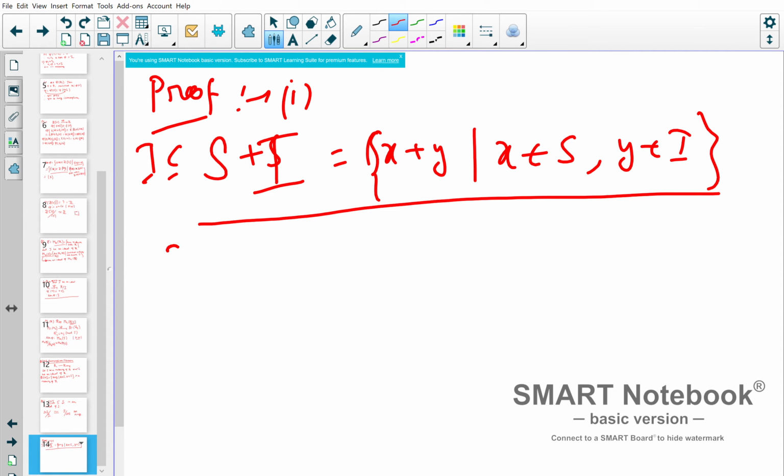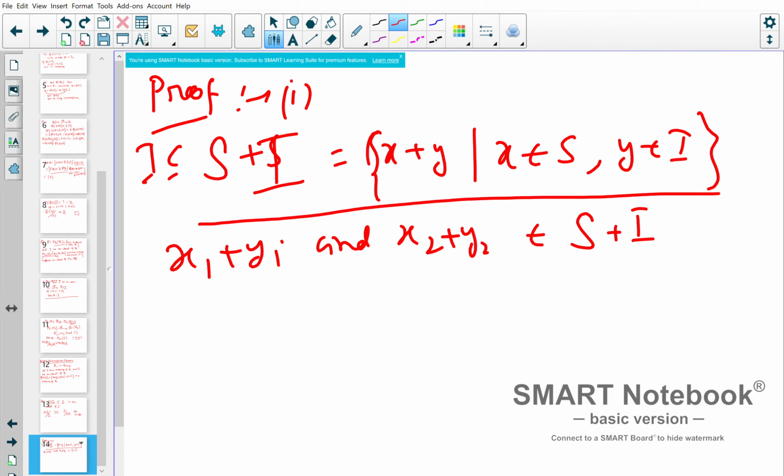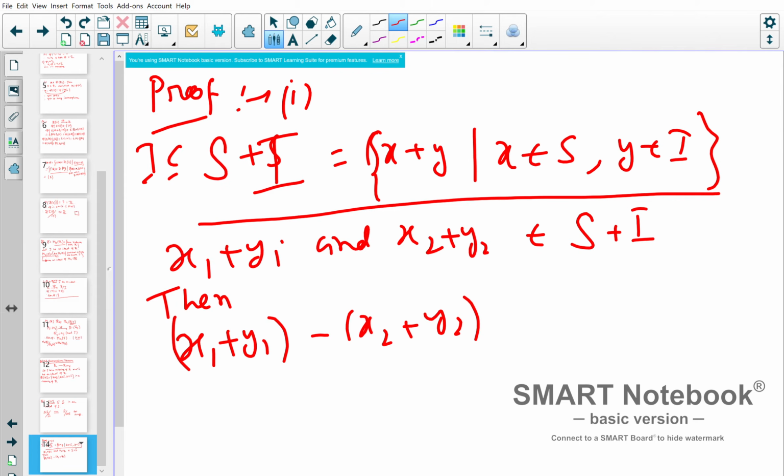So let me write down two elements: x1 plus y1 and x2 plus y2, elements of S plus I, where xi is an element of S and yi is an element of I. Then I need to check that x1 plus y1 minus x2 plus y2 is an element of the same structure or not, but this is nothing but x1 minus x2 plus y1 minus y2, right?